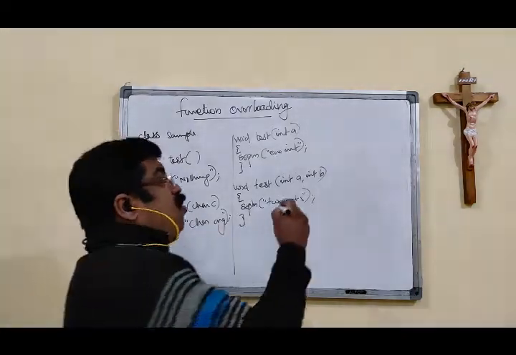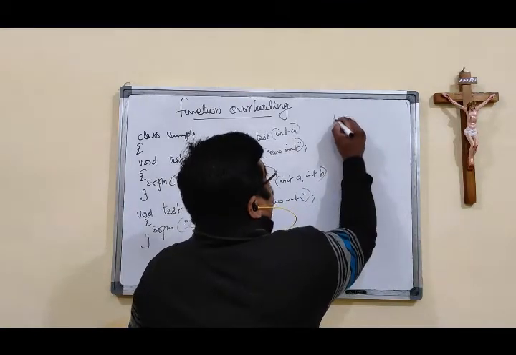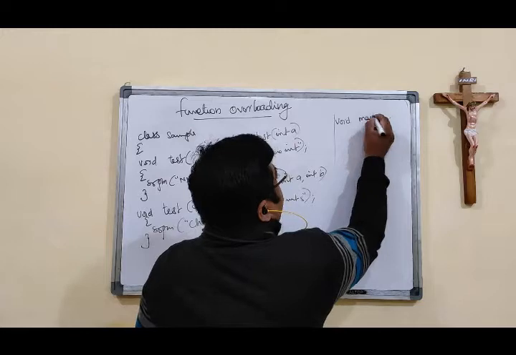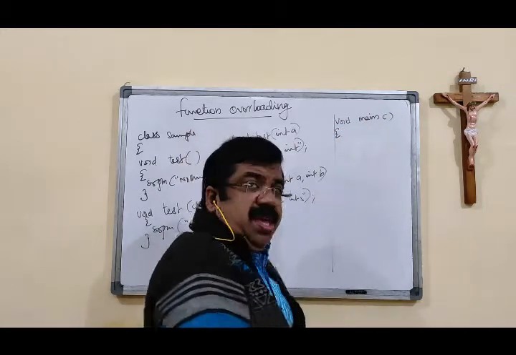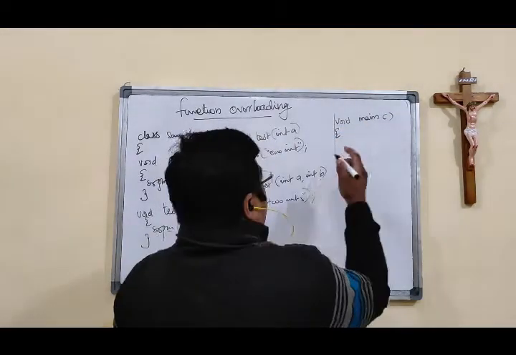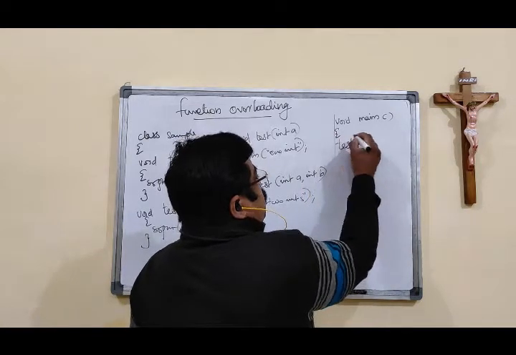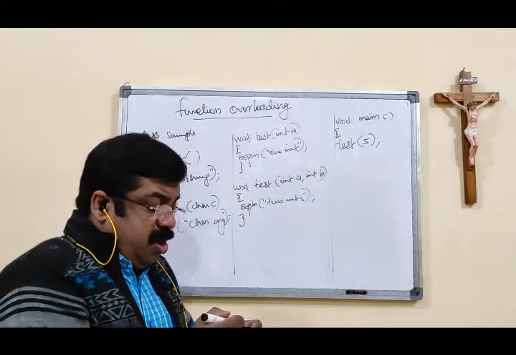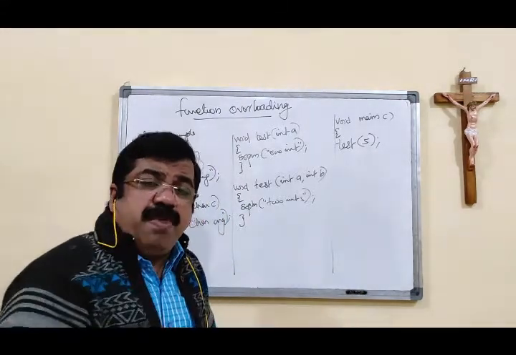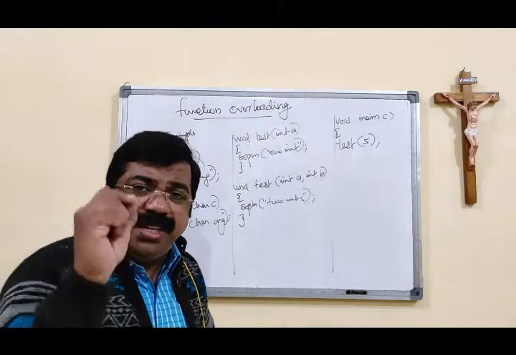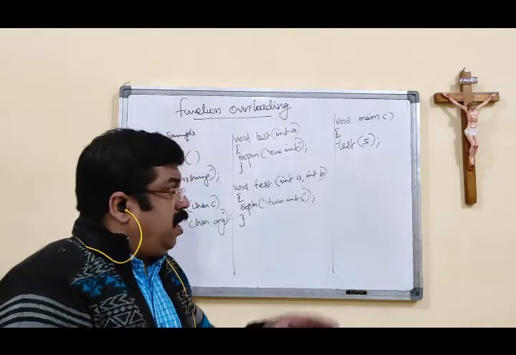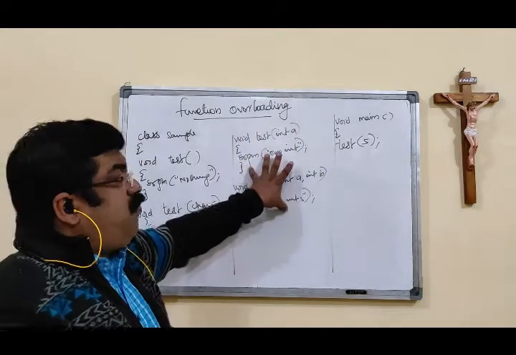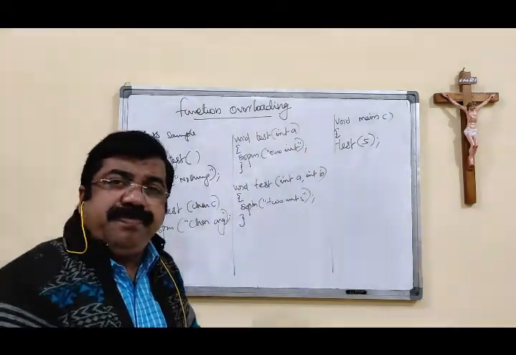Now within the main, what we are going to do, that is what is to be seen now. Void main. Here we are just calling the function test with the value. Without giving any if statement or switch statement, any selection statement, Java will select one function from the list of 4 functions here.